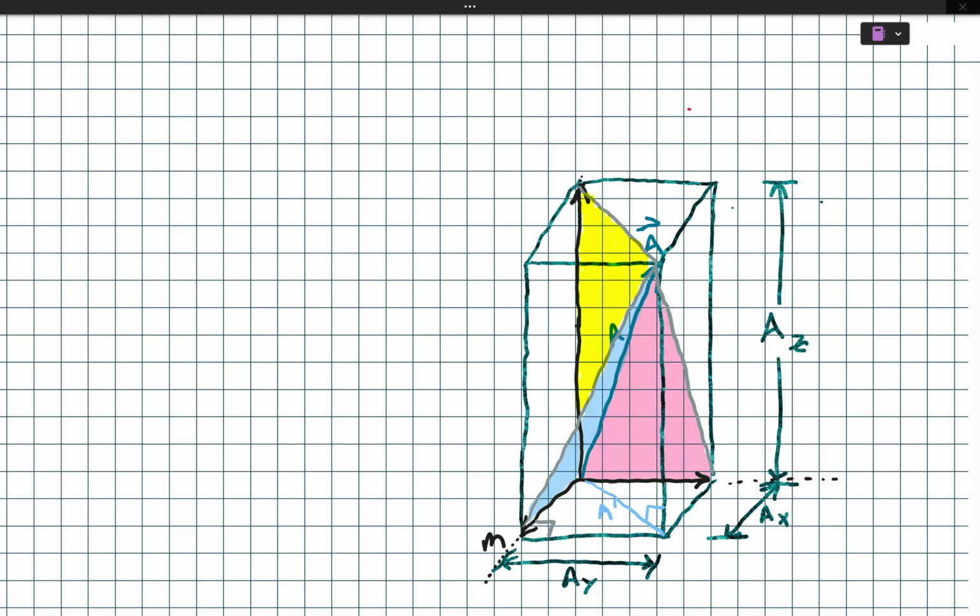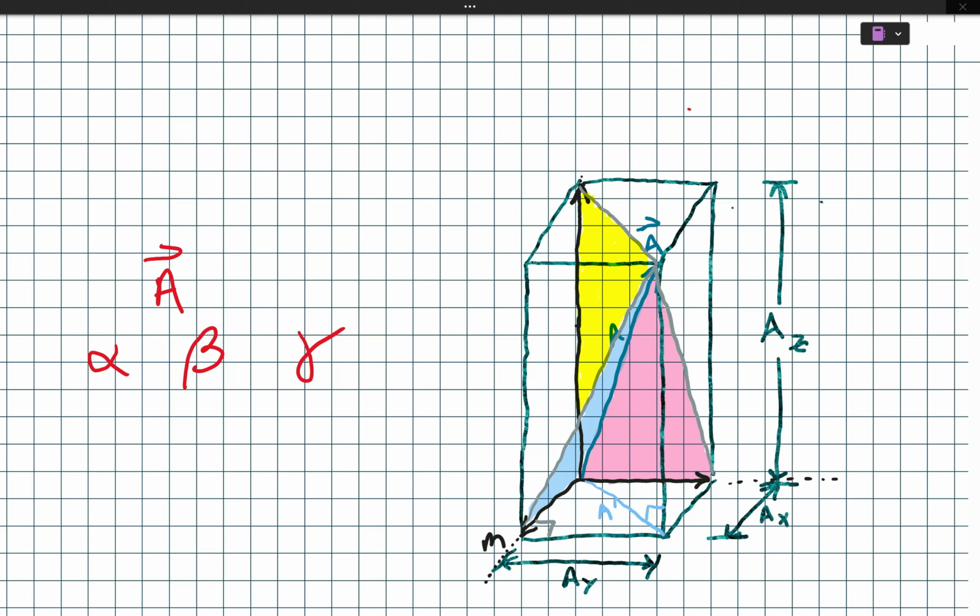The direction or orientation of vector A is going to be defined by the angles alpha, beta, and gamma. So let me input those into the diagram where we can see it.